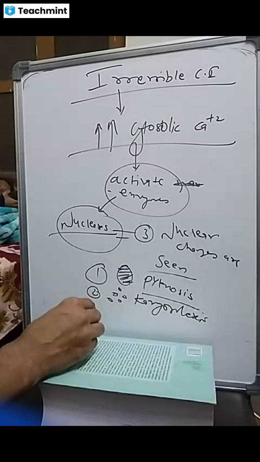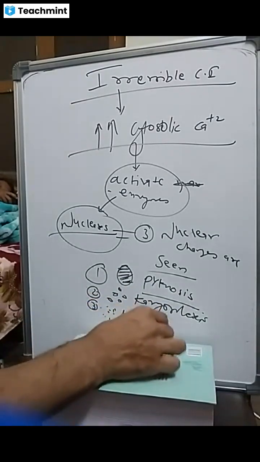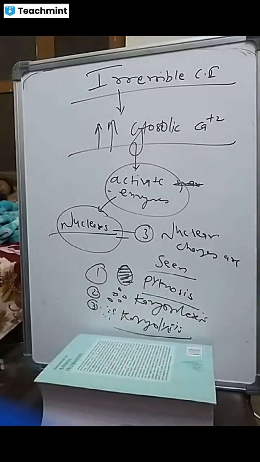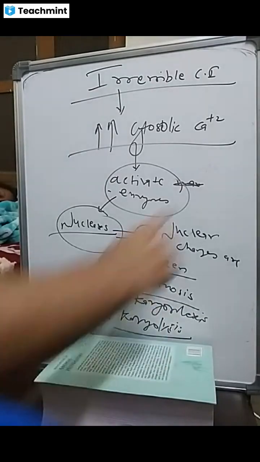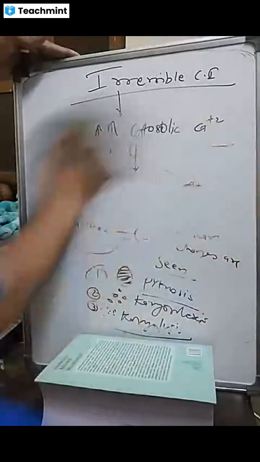Number three, it becomes powder, that is karyolysis. So these three nuclear changes are due to activation of the endonuclease enzymes because of high cytosolic calcium.